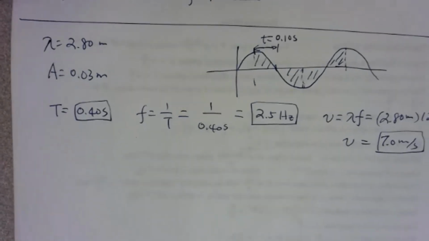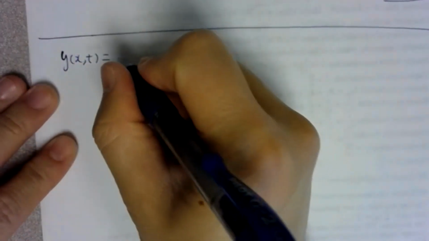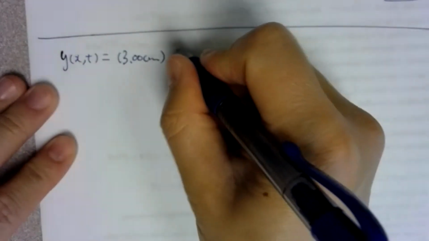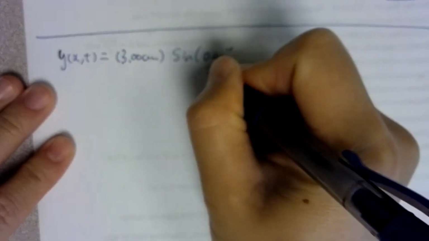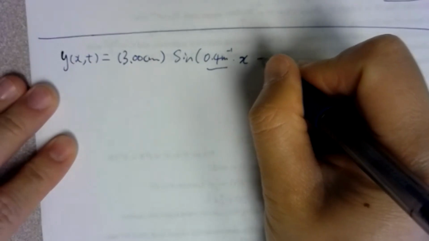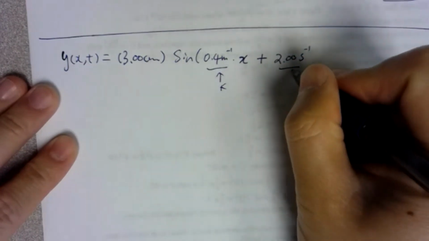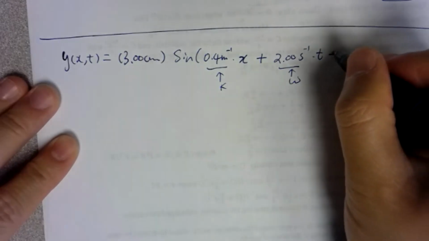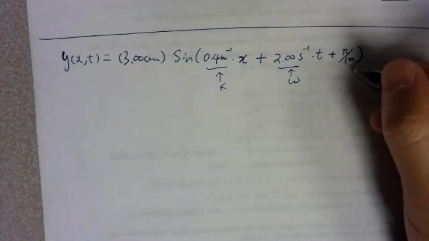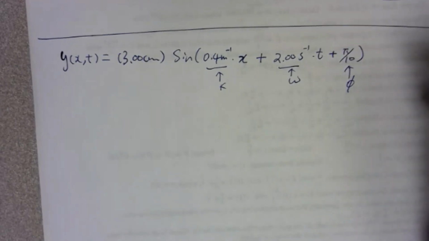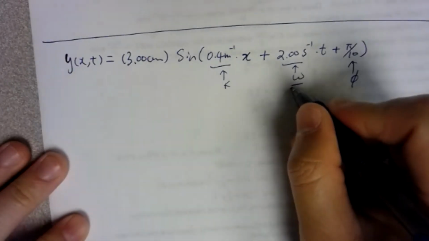All right, so let's take a look at the example here. It says, consider the wave function given by y(x,t) equals 3.00 centimeters, that's the amplitude A, times sine of 0.4 meters inverse, this is your k, times x, plus 2.00 second inverse, this is your omega, times t, and then plus the initial phase, phi. It's asking for the period, which is related to the frequency.